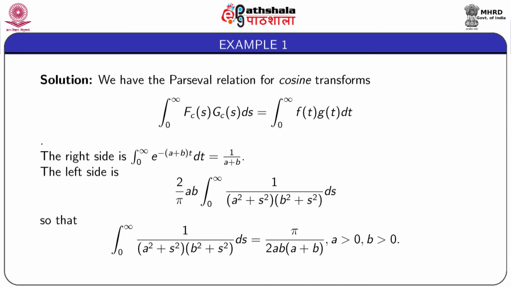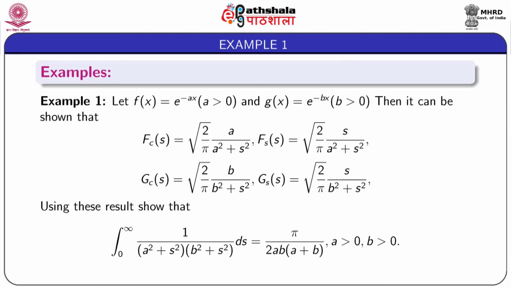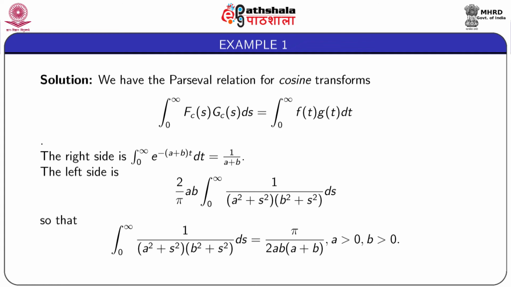Now, we know that f(t) and g(t) are given by e to the power minus at and e to the power minus bt. So the integral on the right hand side is equal to integral 0 to infinity e to the power minus (a plus b)t dt, that is equal to 1 by (a plus b).